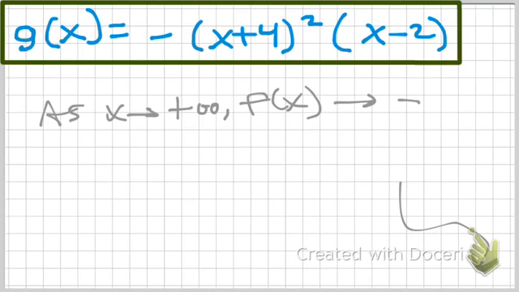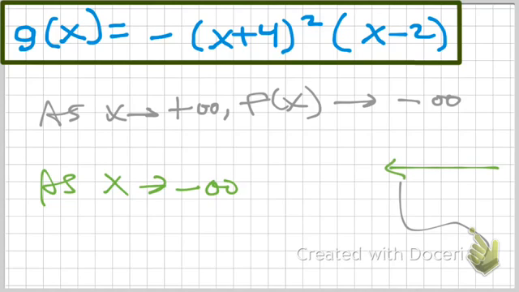So that would be negative infinity. As x approaches negative infinity, so we're going now right to left. How does it end? It ends up here, so that would be positive infinity.